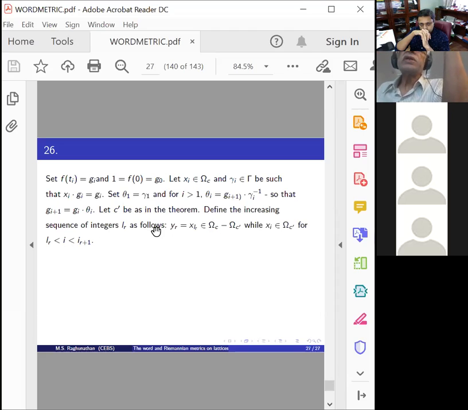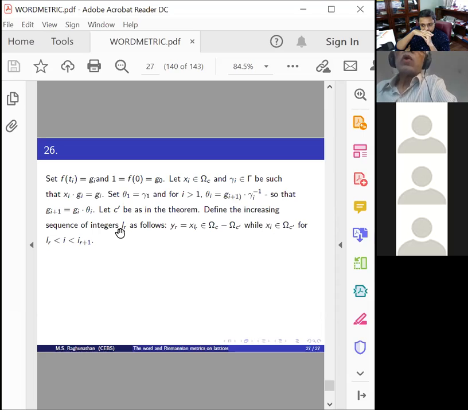Define the increasing sequence of integers as follows. If you look at this, the ξ_i are all in the Siegel domain. So I look at those g_i where the corresponding element ξ_i belongs to this compact set, a relatively compact set.